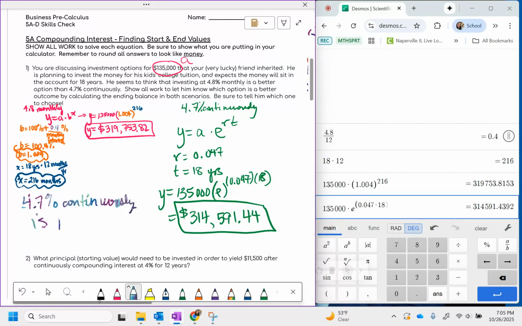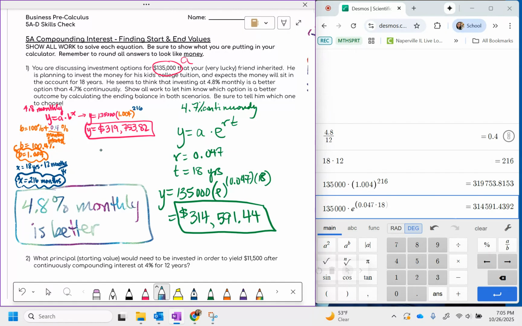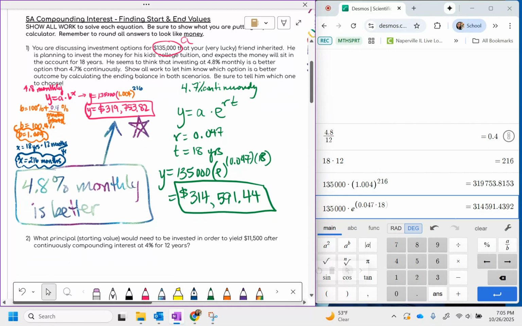The 4.7% continuously is not the better deal because I make less money. The 4.8% monthly is the better deal. And the reason that I know that it's the better deal is because I end up with more money. Because remember, this is money that we are earning. And so we want to earn more money in our account.